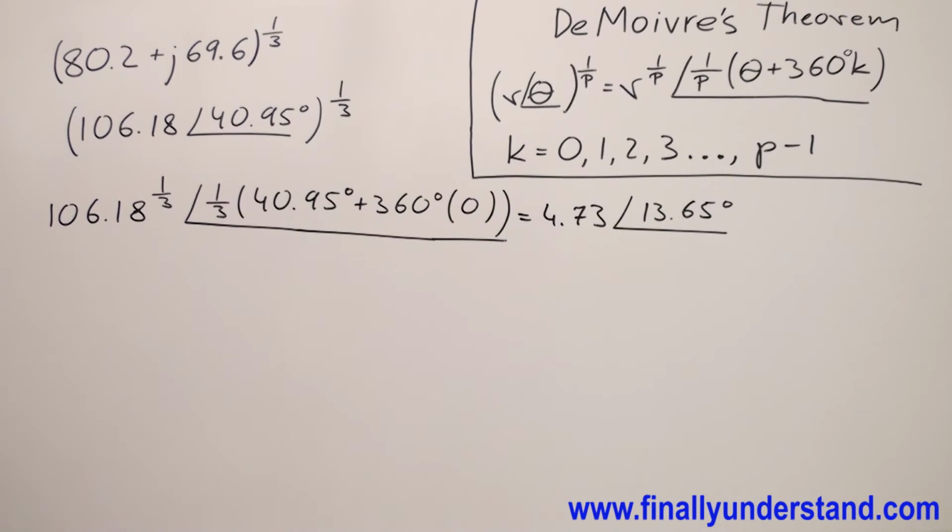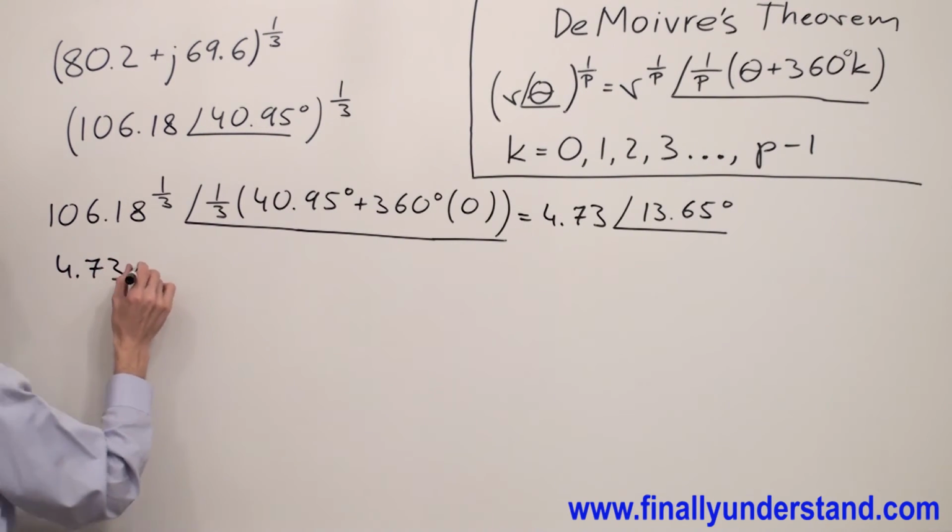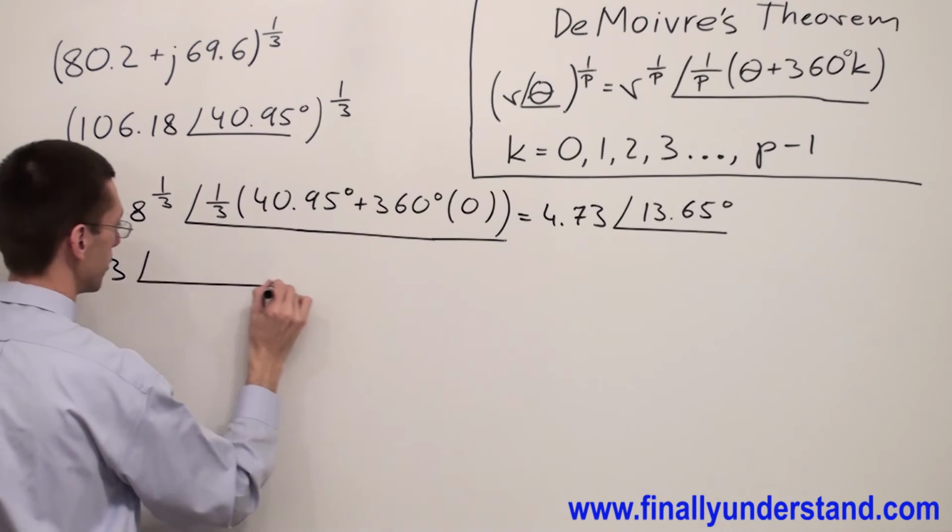If you want to find the second root, copy down the magnitude, so 4.73, and let me do everything step by step.